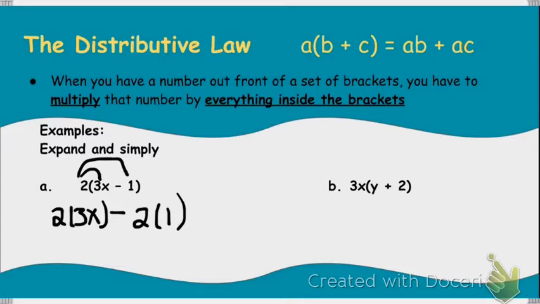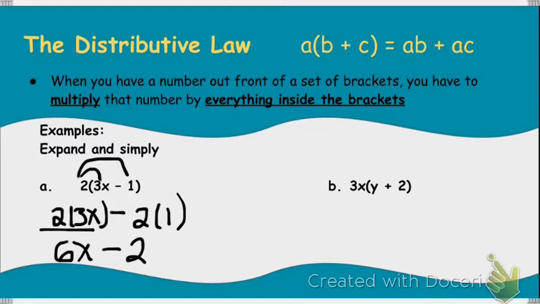The 2 times the 3x, because there's no variable with the 2, we just multiply the coefficients together, so I get 6x. And then 2 times 1 is 2. We can't simplify this anymore as they are not like terms.